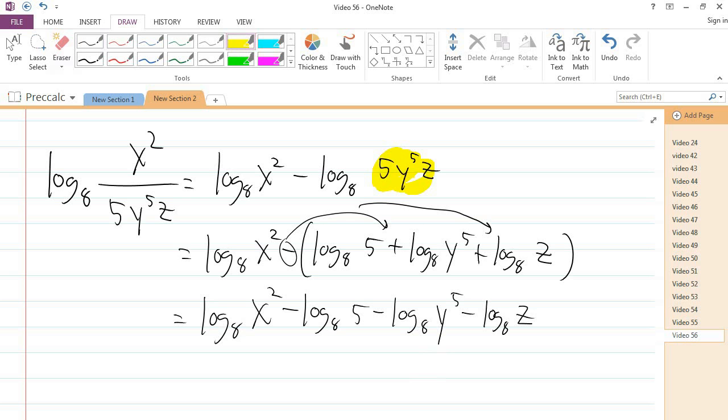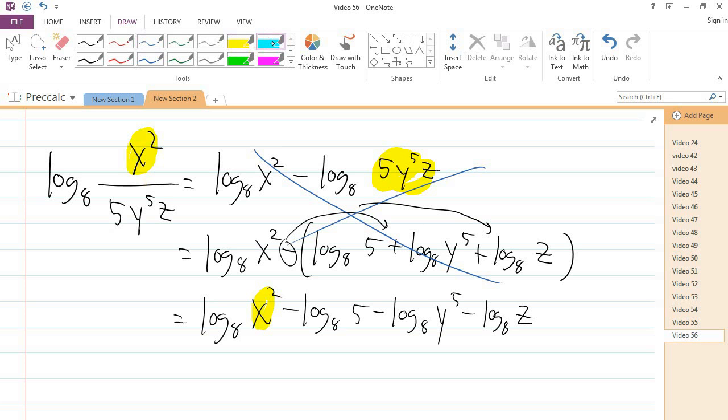But here's the shortcut that lets you skip all of these steps. When you are breaking down a single log into lots of little logs, whatever's in the numerator ends up as a positive log.